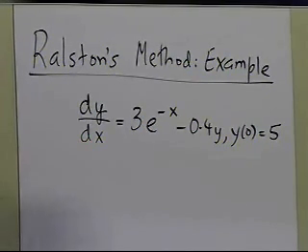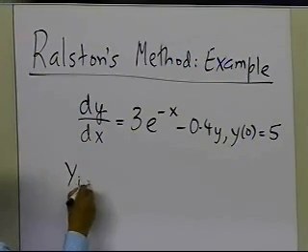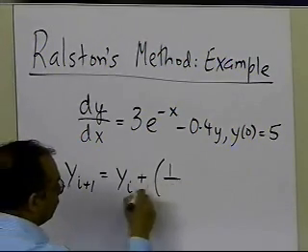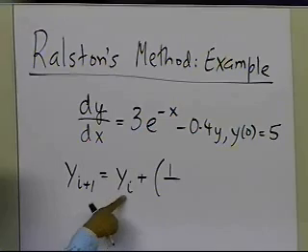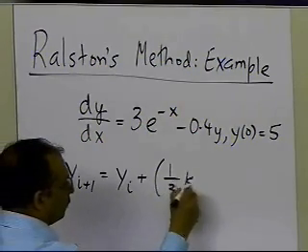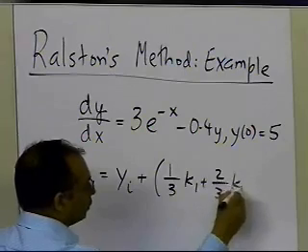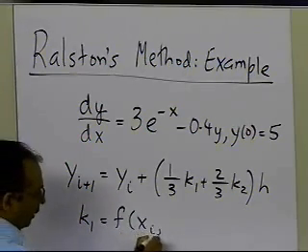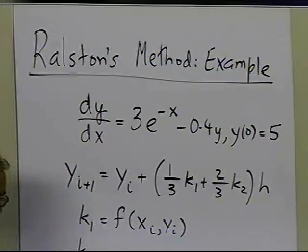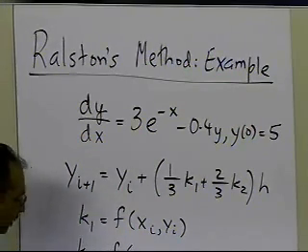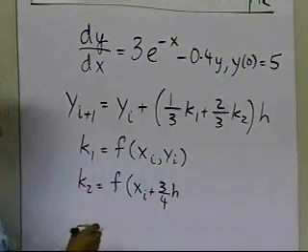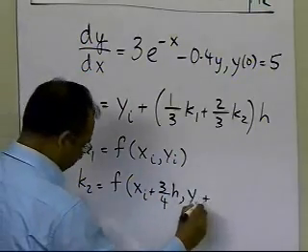To review what Ralston's method is based on: your value of y at the point where you are trying to go will be given by the value of y where you were, plus 1/3 the value of k1 plus 2/3 the value of k2, times the step size, which is h, where k1 is the slope at the point where you were, which is x_i, y_i, and k2 is some approximate value of the slope at a point which is about 3/4 of the way between the point where you are and where you are trying to go.